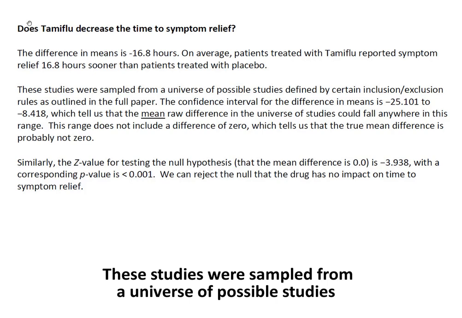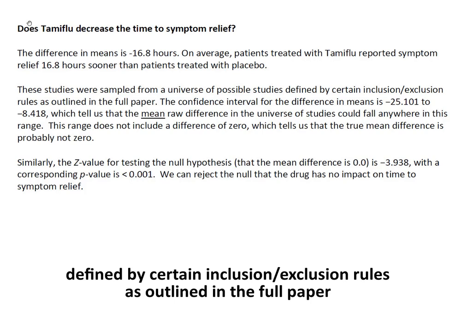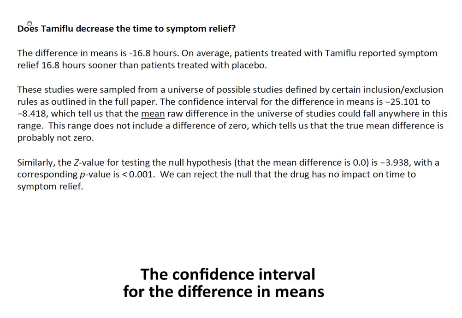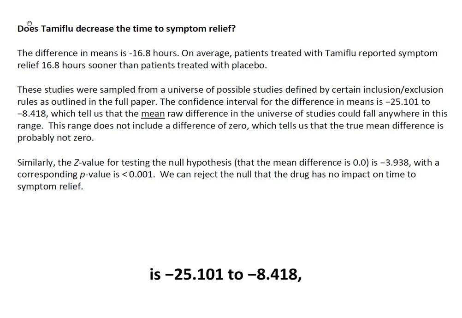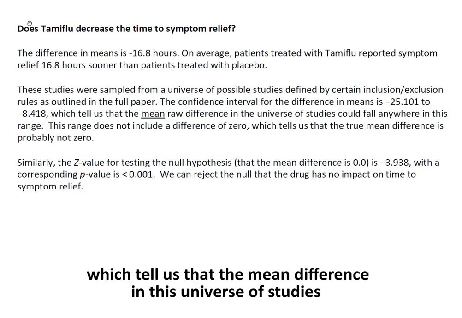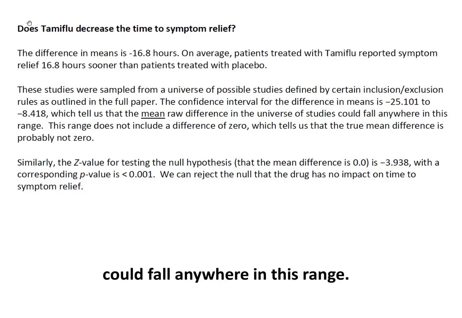These studies were sampled from a universe of possible studies defined by certain inclusion-exclusion rules as outlined in the full paper. The confidence interval for the difference in means is minus 25.101 to minus 8.418, which tells us that the mean difference in this universe of studies could fall anywhere in this range.